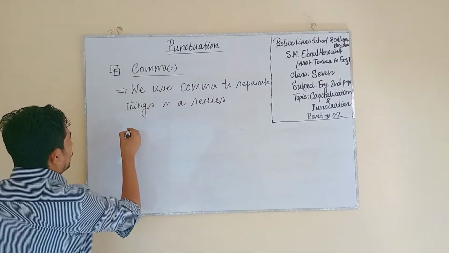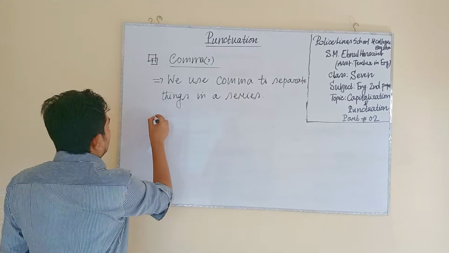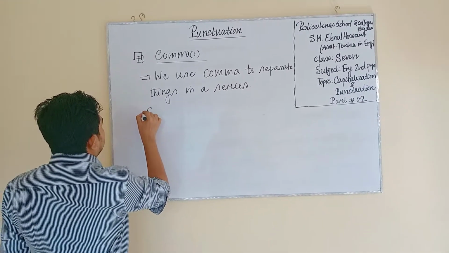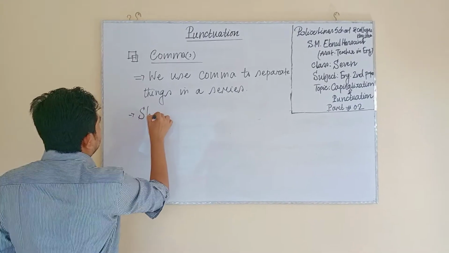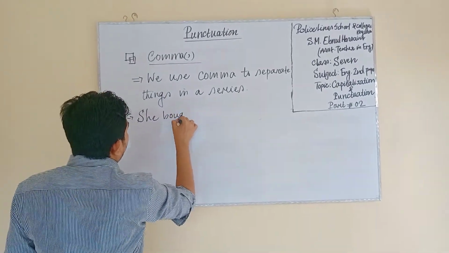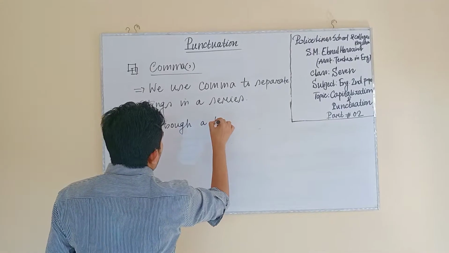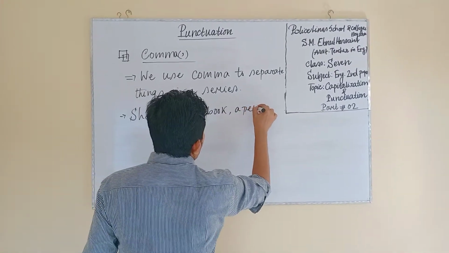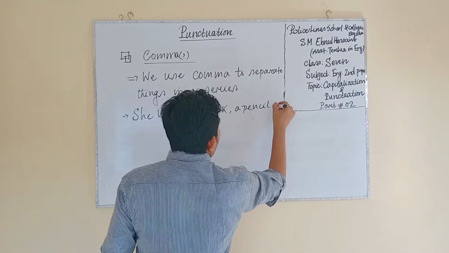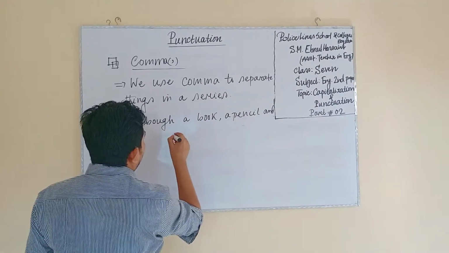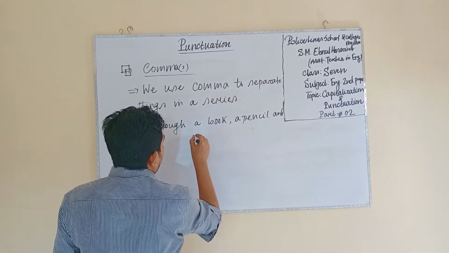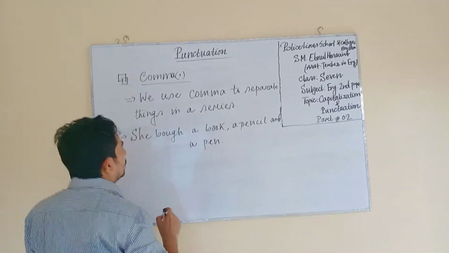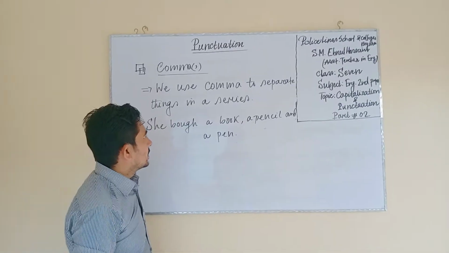Let's have an example: She bought a book, a pencil, and a pen. Look at the sentence here.